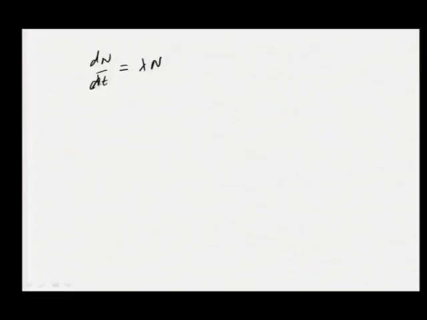So dN by dt is a decreasing quantity, and it should be minus lambda N. This negative sign says that the number of particles decreases with time.